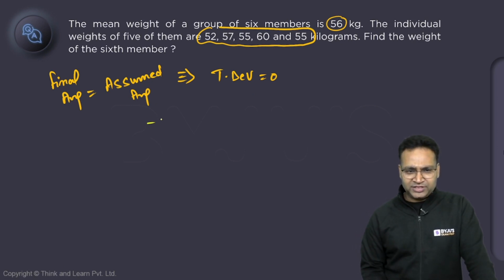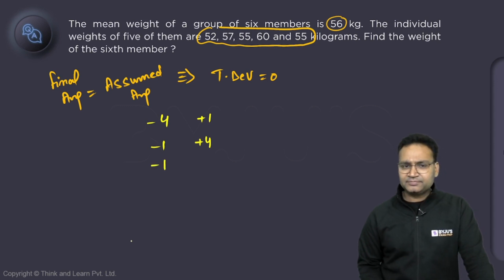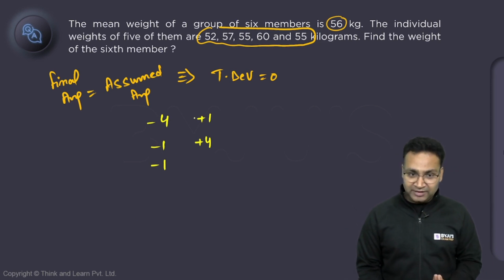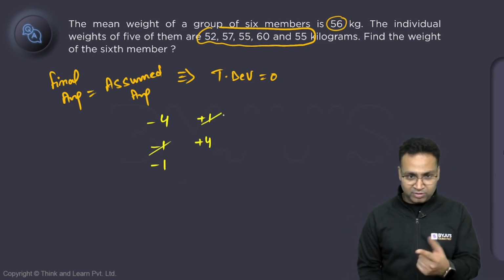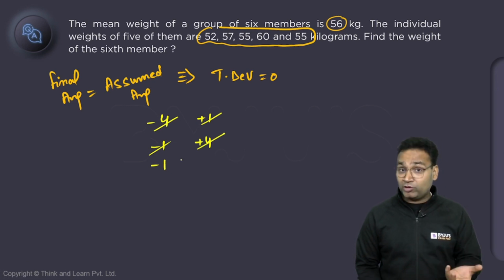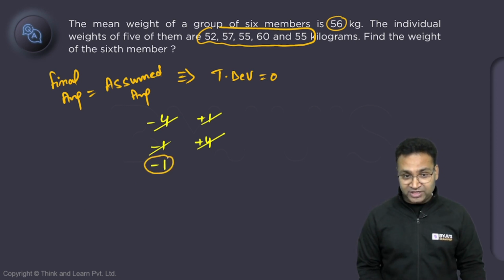So let's look at the deviation now. 52 is minus 4. 57 is plus 1. 55 is minus 1. 60 is plus 4. And 55 is again minus 1. Can I say the total deviation should be 0? That means this minus 1 plus 1 already cancelled. If I have to nullify the overall deviation, if I have a minus 1 here, I should have a plus 1.